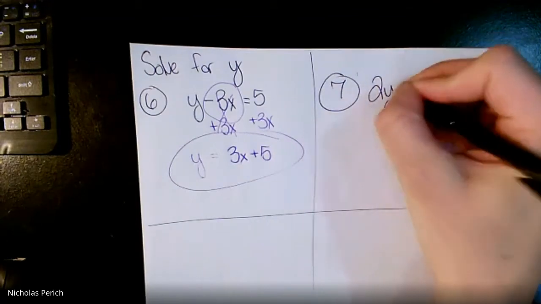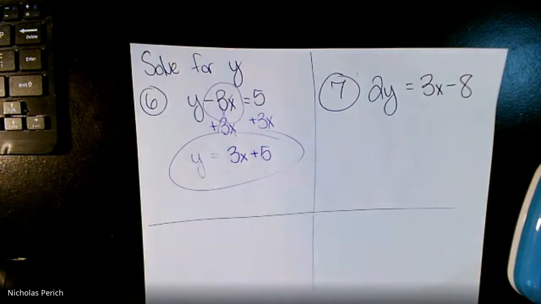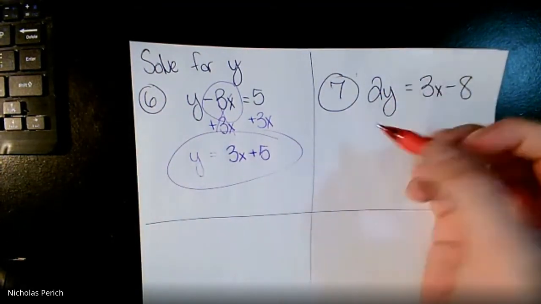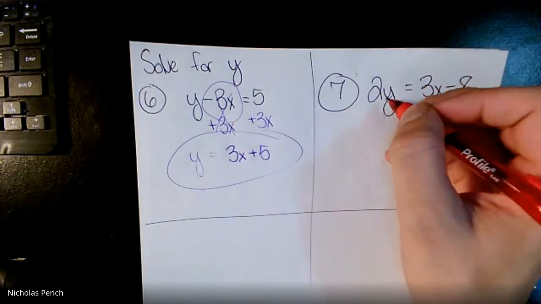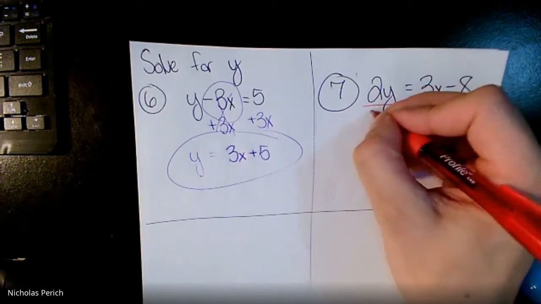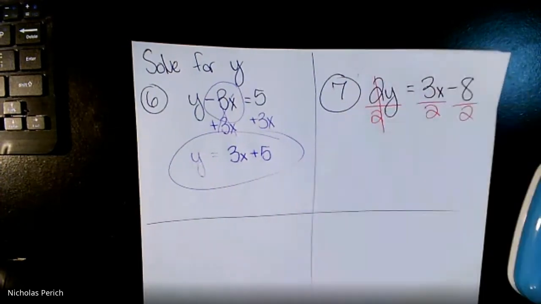Problem 7. Let's do 2y equals 3x minus 8. Is y all by itself? No. I have a 2 attached to y. So the best way to get rid of that attachment is to do the opposite. 2 is being multiplied to y, so I'm going to divide everything by 2.